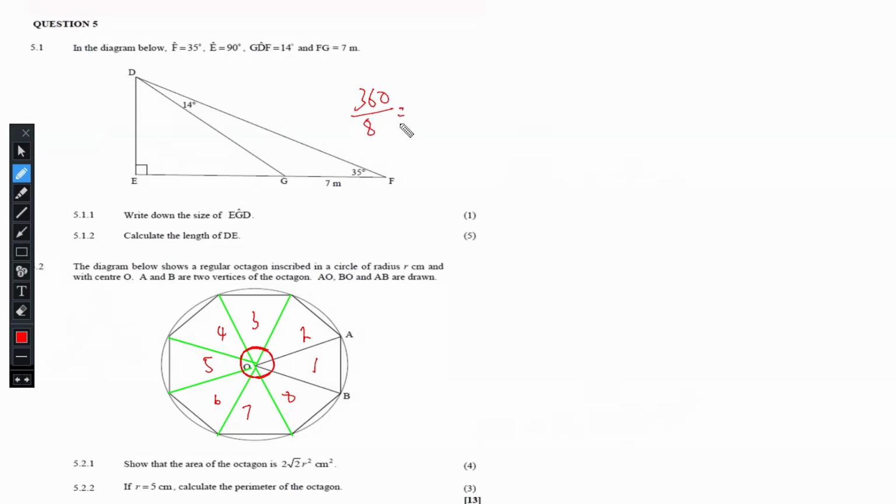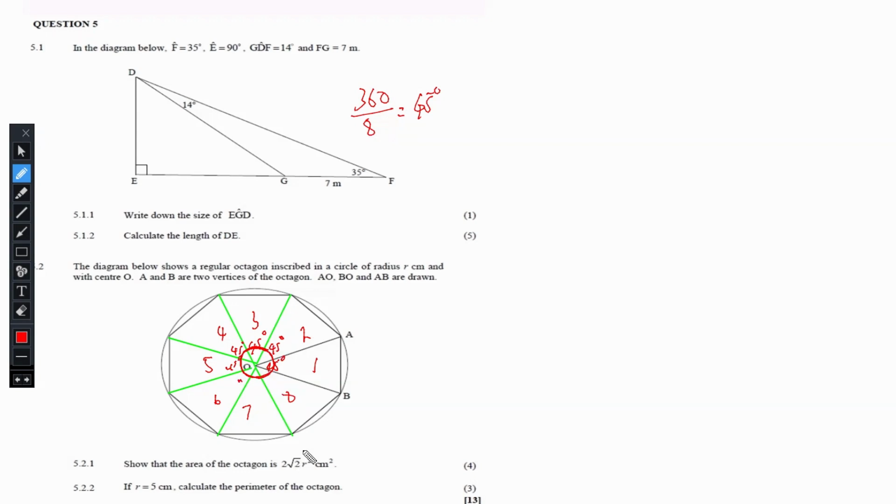By 8. And if I say 360 divided by 8, I find that it is 45 degrees. So that means the angle here, remember these are like pizza slices, so they're all equal. So 45 degrees, 45 degrees, 45 degrees all the way around.